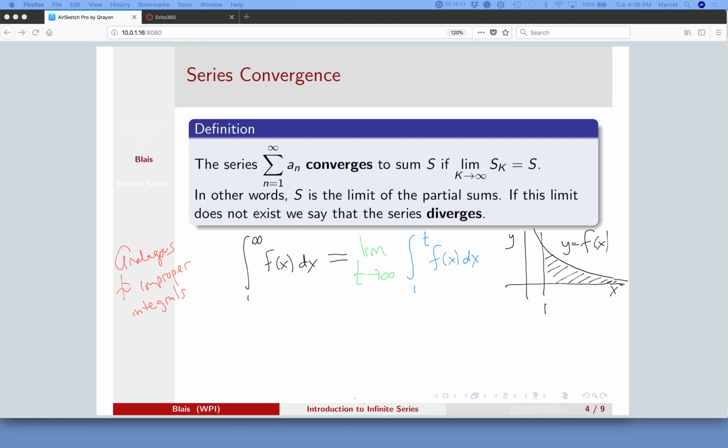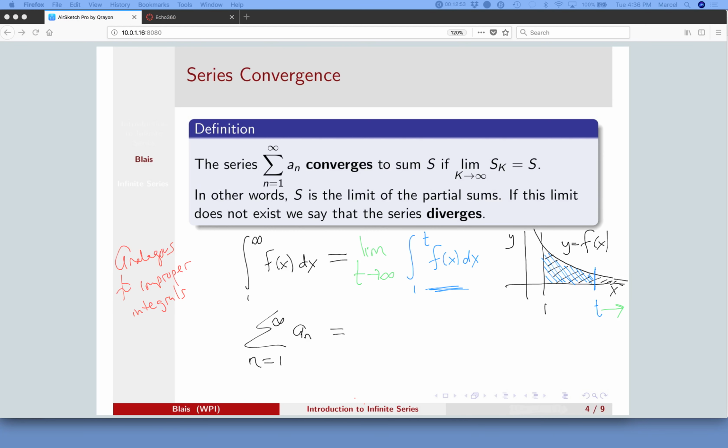The way we break it up, to stay consistent with our colors here, is we said, all right, let's stop at t and compute that area. That was this integral here. Then when we were finished, we sent t to infinity. And that turned the blue area into the black area. What we're doing now is very similar. We're trying to make sense of the sum from n equals 1 to infinity of a sub n, a sum of infinitely many terms.